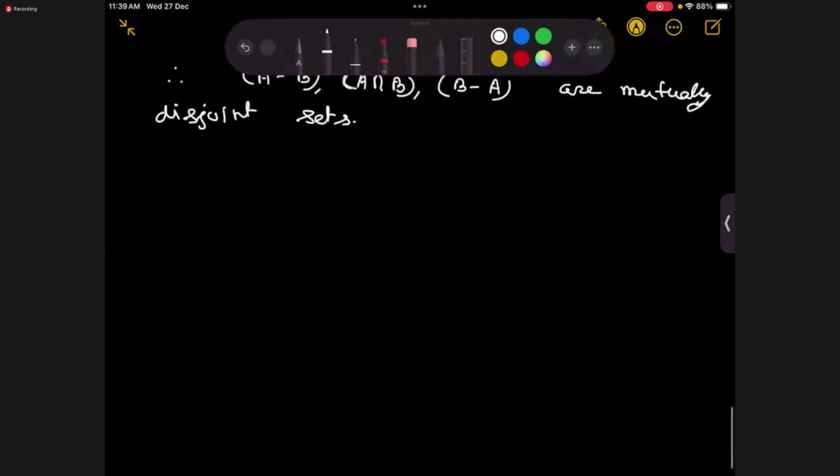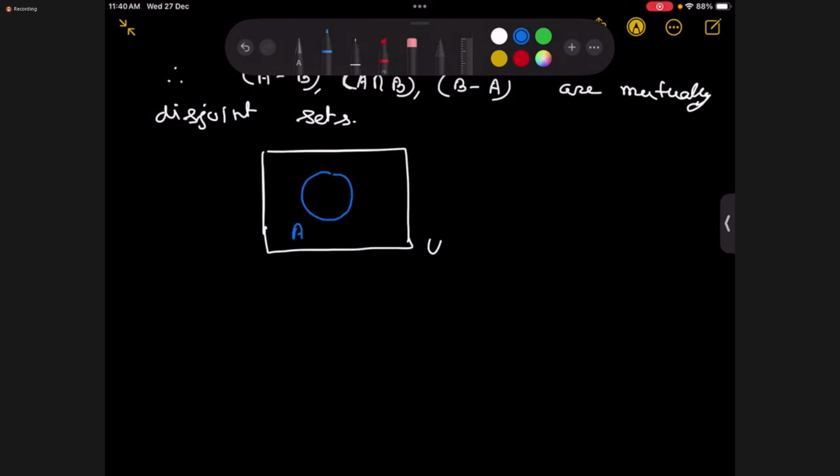Before that, let us suppose this is our Venn diagram, this is the set A, this is the set B. We have discussed A union B. Now one can ask, what is the cardinality of the union of these two sets?